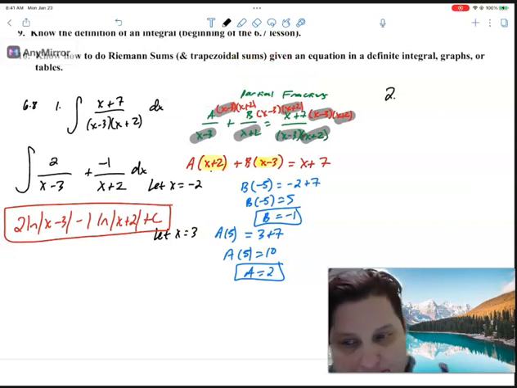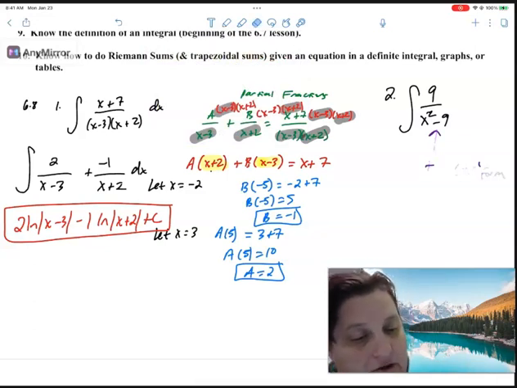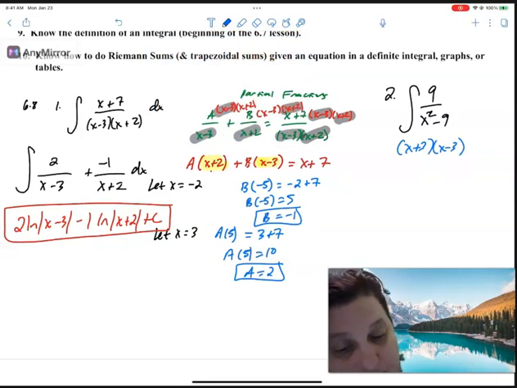Okay. Let's see here. Number 2. Now, if this were a plus, it would be inverse tan form. But it's not, it's a minus. Also, it factors. Okay, so I can tell that because this factors to x plus 3, x minus 3, I can do partial fractions. Here's my partial fractions.